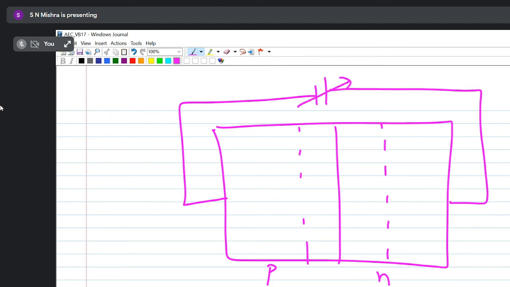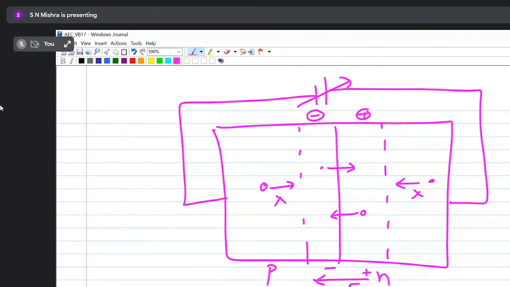And while it is wider, the majority current will not flow, but minority current which is present here can easily transfer from here to here, because in P side we'll get negative ion and N side will get positive ion. In that we'll get electric field plus minus.